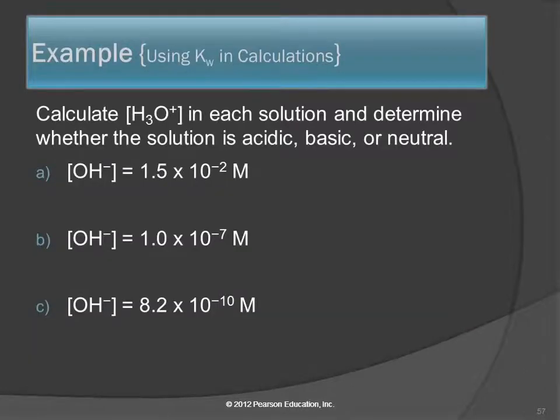So we can calculate the hydronium ion concentration if we're given the hydroxide ion concentration. What we're going to use is this idea: the hydronium ion concentration times the hydroxide ion concentration is equal to 1.0 times 10 to the minus 14.